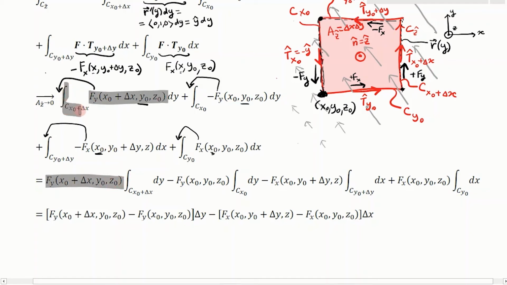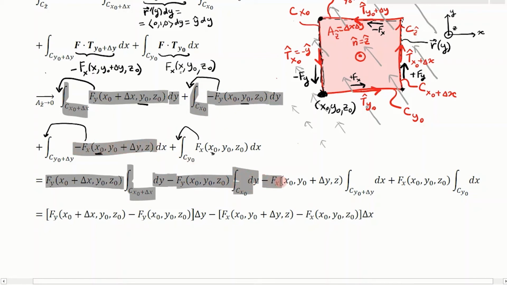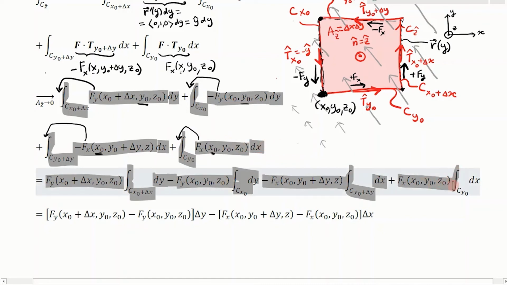We will get the integral to be the same as before, except without this part. This negative goes here. This goes outside the integral. The integral stays as it was. This part is now outside the integral as well. And this is what's left of the integral. This part ends up here, and this integral is here.